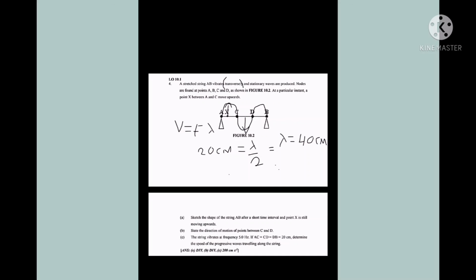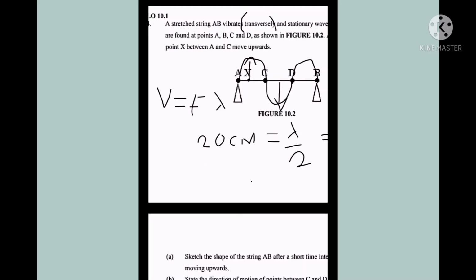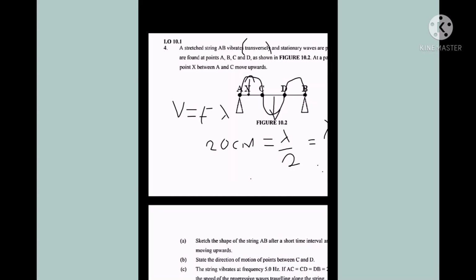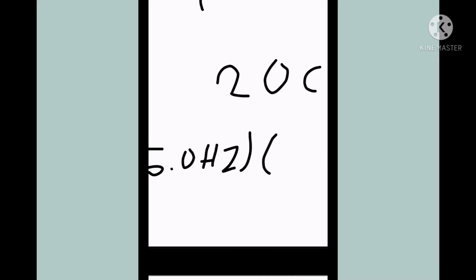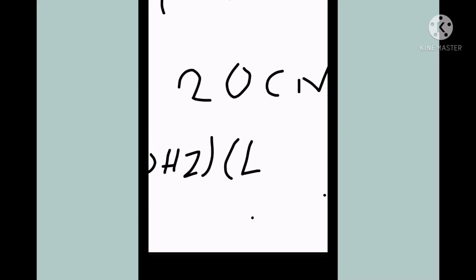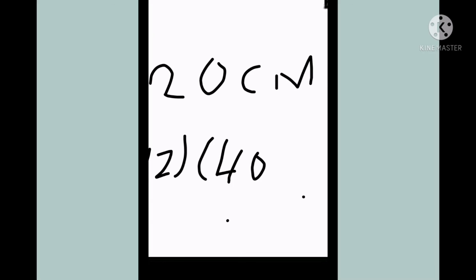Okay, and then we use the formula v equals f λ. So v is the speed, f is the frequency, and we know the frequency is 5.0 hertz, times the λ, which is 40 cm.